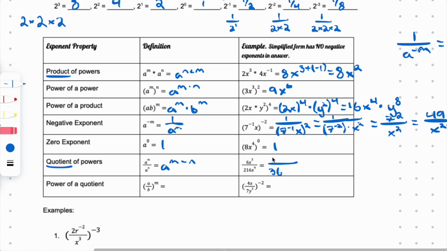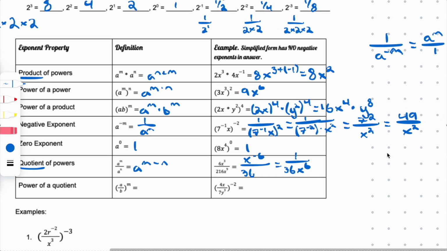So that would give us x to the negative 6th power. Again, we don't want negative exponents. We'd bring it down to the denominator. We have 1 over 36 x to the 6th power.